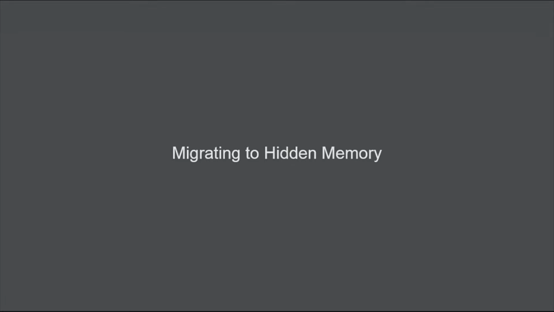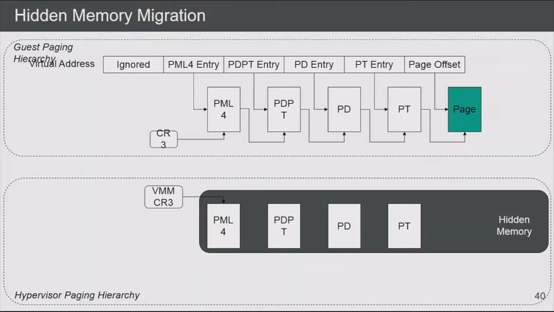As I said before, there's some point during the installation progress where we need to migrate the rootkit's code into the hidden memory. And therefore, I want you to assume that we have a page of the rootkit, for example, in its code section, which we start off by simply copying into hidden memory.